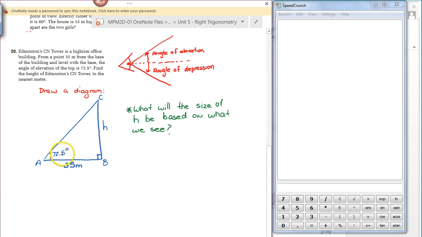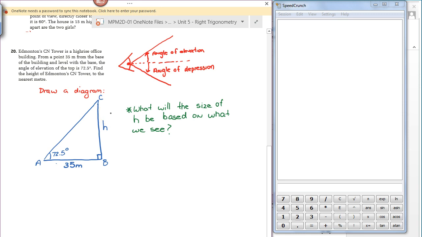Well, if we take a look at this right angle triangle, we have angle A is 72.5 degrees, and angle C is going to be some angle. We could calculate that, but it is going to be significantly less than 72.5 degrees. So remembering this idea of largest angle, largest side, smallest angle, smallest side, middle angle, middle side, I know that H is going to be significantly larger than 35 meters.